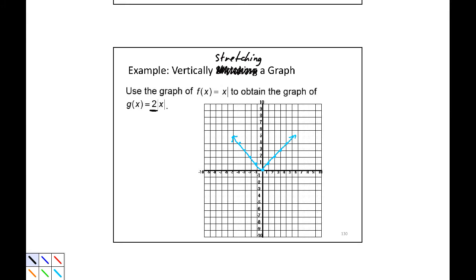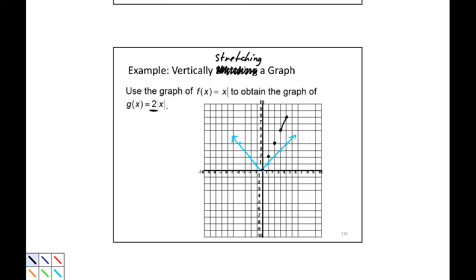So whereas this first point is at 1, 1, now it will be at 1, 2. I have doubled it. Now 0, 0 still remains a point on our graph. Now this point at 2, 2, well, I'm doubling the y value, so that will be at 2, 4. Similarly, I get 3, 6, and 4, 8 on this graph.